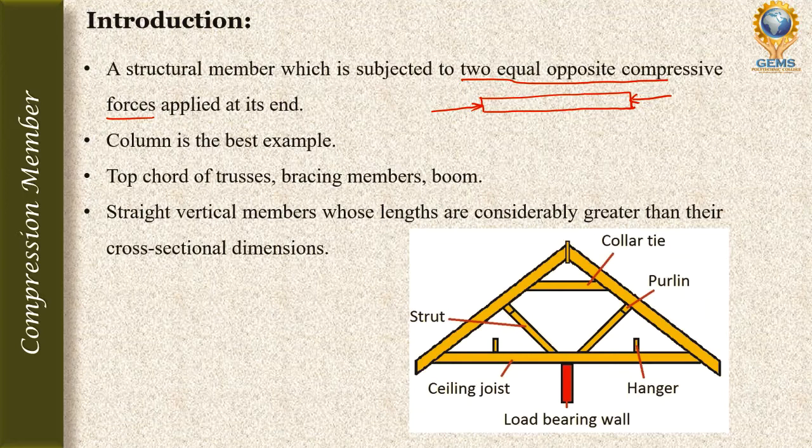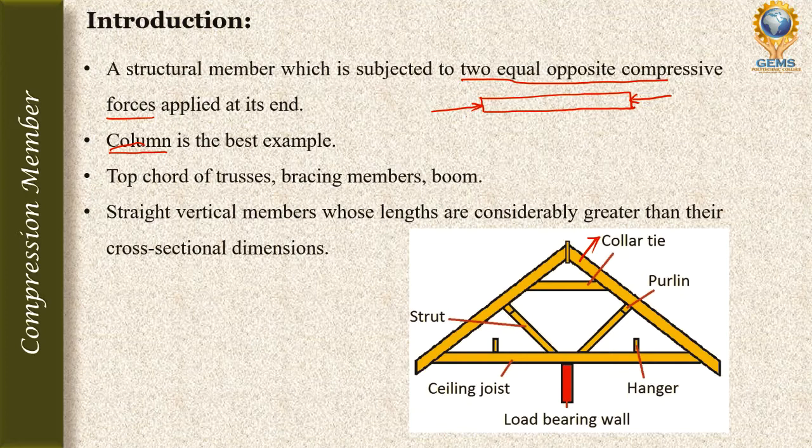There are many types of compression members. The best known example is the column. Some other examples are the top chord of trusses, which we call the principal rafter, bracing members, and the boom.